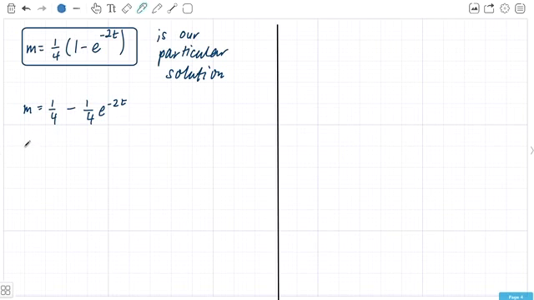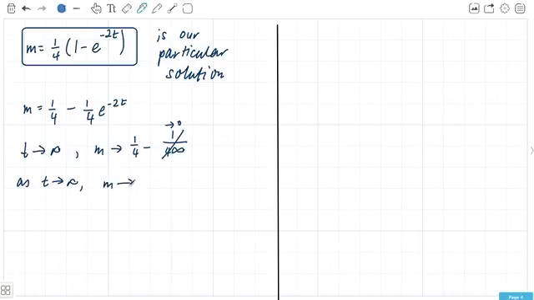As t approaches infinity, m is going to approach a quarter minus 1 on 4 over e to the 2t, which is effectively infinity underneath because it's a negative power, so this will approach 0. So as t approaches infinity, m approaches 1 quarter, but it won't quite get there. That tells us that we have some asymptotic behaviour in this graph.